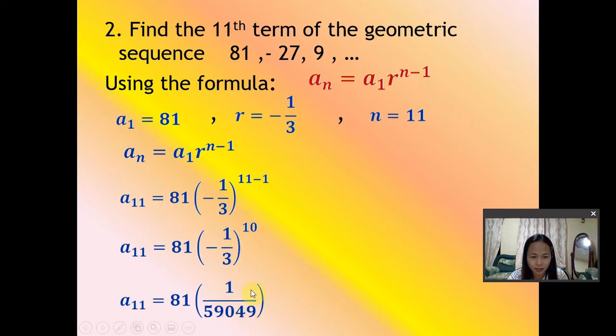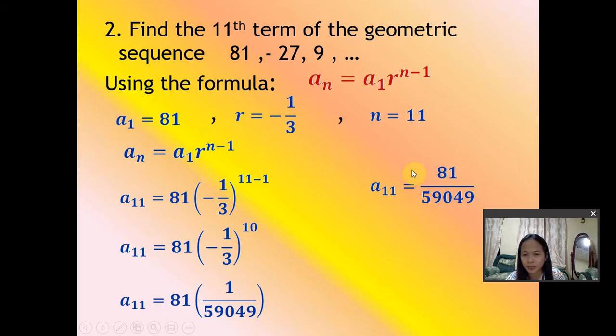How did we get this part here? That is negative 1/3 times negative 1/3 times negative 1/3 up to 10 times. So multiplying negative 1/3 ten times, we come up with positive 1 over 59,049. Next, multiplying this fraction by 81, we have 81 over 59,049. 81 is over 1, so 81 times 1 is 81, and 1 times 59,049 is 59,049.